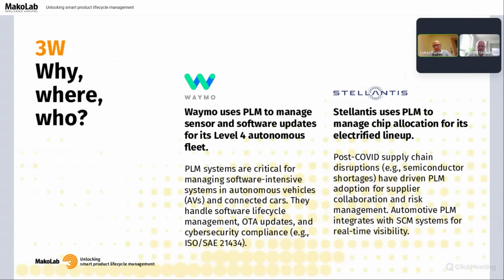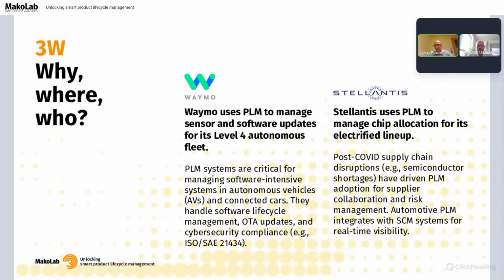Another example you can find is Waymo, which was using it for software and not hardware, and this also helped them manage and carry out the auto updates, of course, following and keeping all the restricted compliance and security policies.